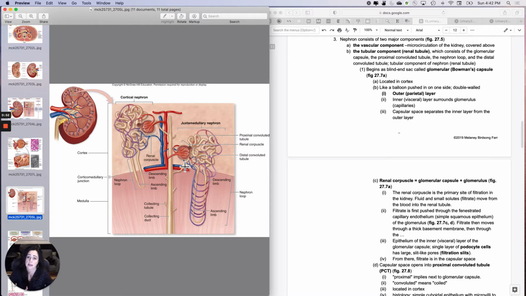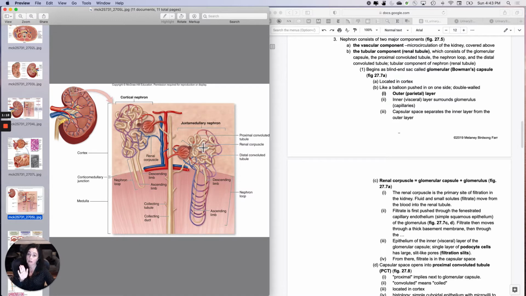But then that is going to lead to the first tube that is close to the Bowman's capsule, or the glomerular capsule, and that is called the proximal, because it's closest, convoluted, because it's curvy, tubule, as in little tube. So the proximal convoluted tubule.